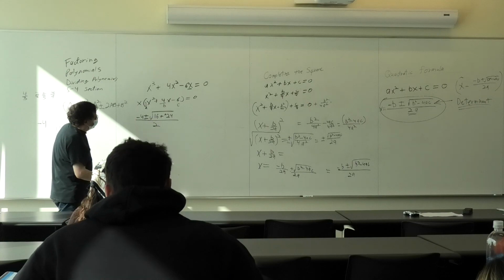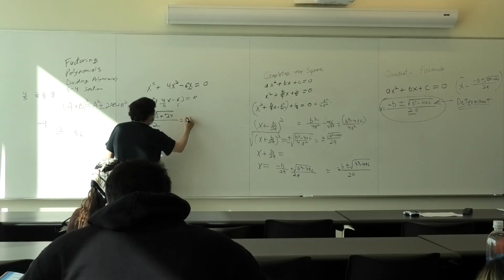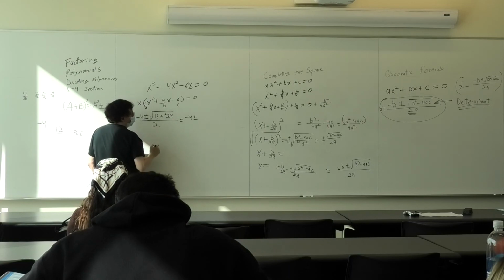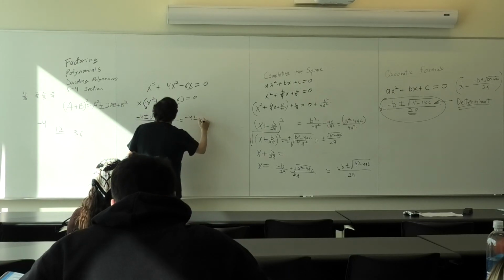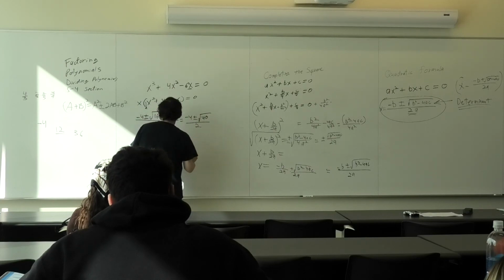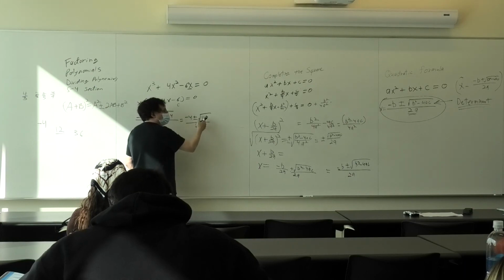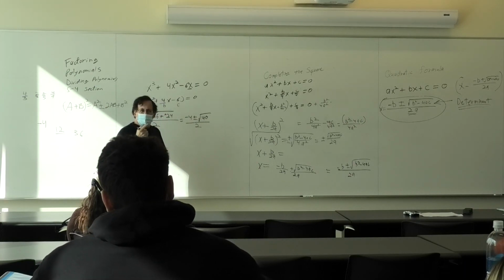And we have to do a little work here with radicals. Negative 4 plus or minus the square root of 16 plus 24, which is the square root of 40, over 2. The square root of 40 is the square root of 4 times the square root of 10.